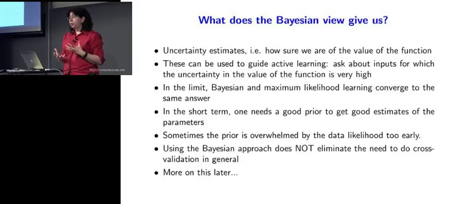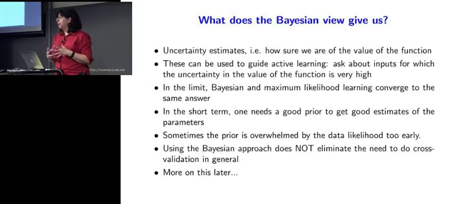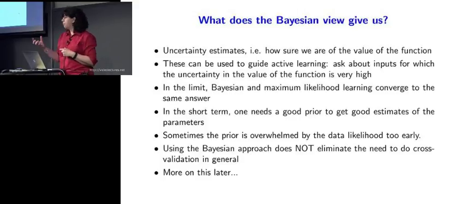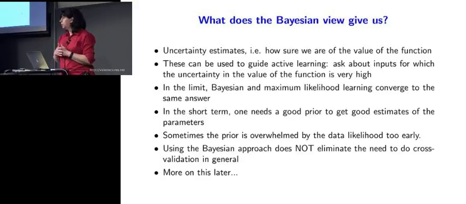So how do you do this kind of thing? Very often the uncertainty estimates are what drives this. Specifically, we're going to ask questions about examples that we're very uncertain of, just like a student before an exam goes and asks the teacher about questions they don't think they know the answer to. And so you can use these uncertainty estimates in active learning and other methods like this in order to shape the strategy of the learner.